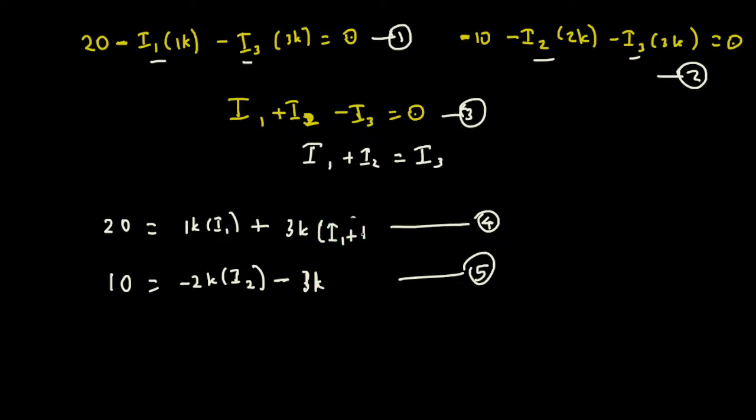I1 plus I2, I1 plus I2, and here, what can I eliminate? I want to eliminate something that will make it easier to find something. So let's expand and add them together.